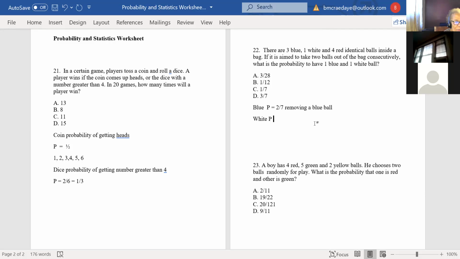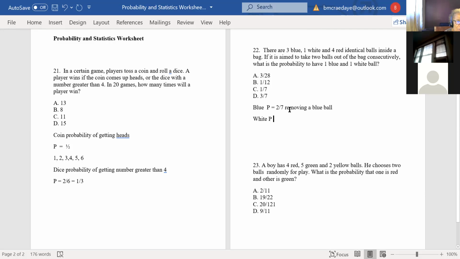If you take out two balls, it should be like 2/6, because it was only 3, 4, 8 balls. Well, you got 2/7. Yeah, but if I took out a blue, I have 3, 1, 4, 8, that's 7 left, right?